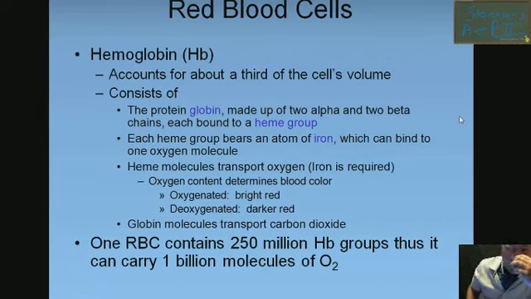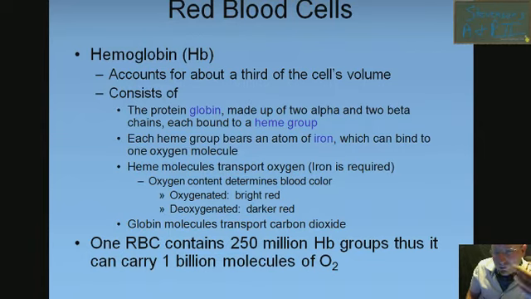Alright, more about red blood cells. I've talked about hemoglobin just a little bit. We're going to hit a lot more on hemoglobin now. It accounts for about 1/3 of the red blood cell's volume. It consists of a protein globin, made up of 2 alpha and 2 beta chains, and each of those chains is bound to a heme group.